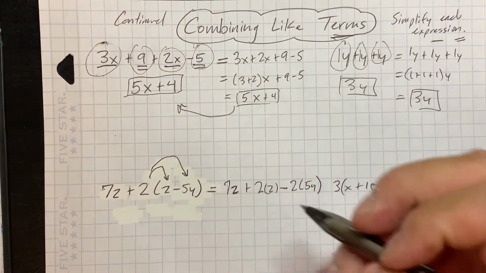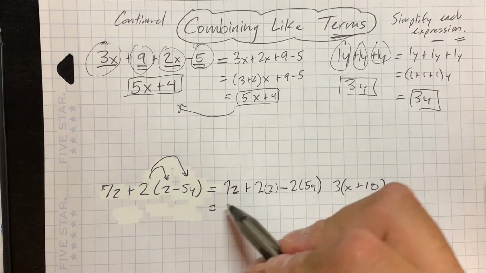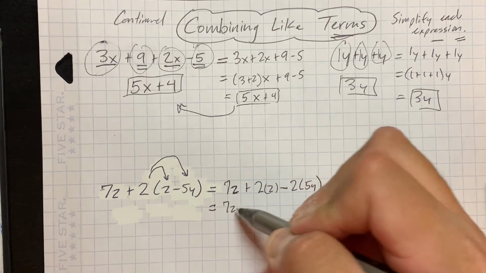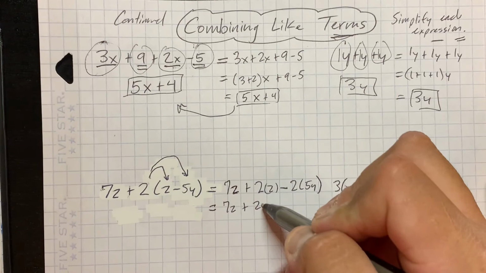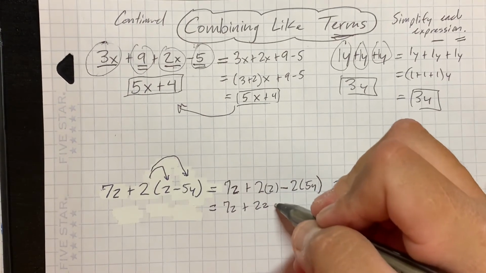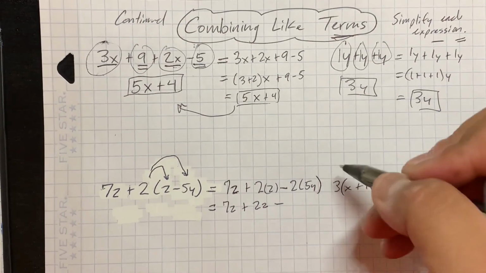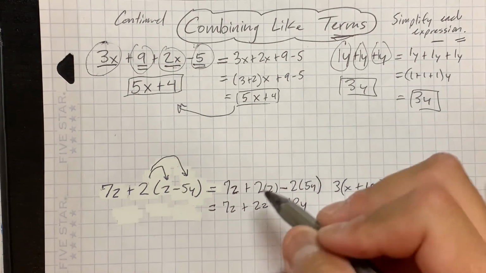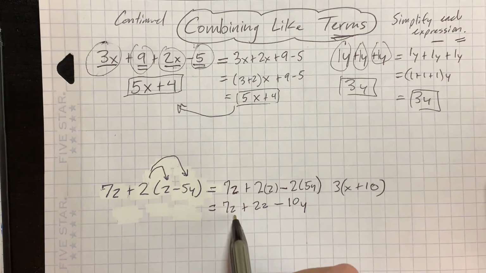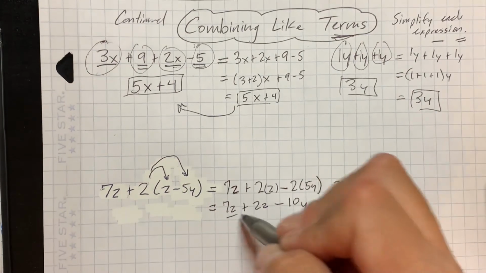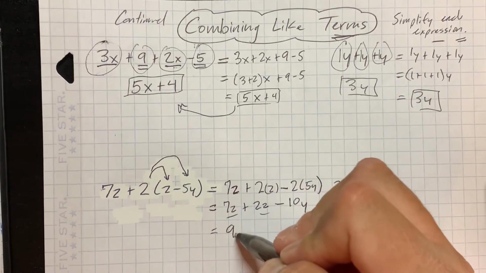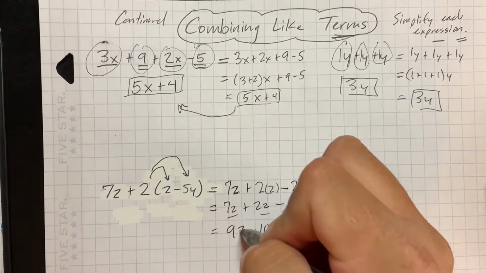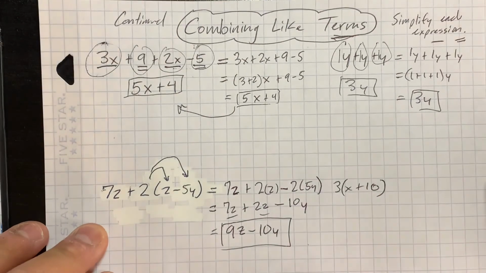Now when we simplify this, since 7z is by itself, this is just going to be 7z plus 2z minus 2 times 5y, which is negative 10y. Now when we combine like terms here, 7z plus 2z, because they're like terms, it's going to be 9z minus 10y. There you go. You just combine like terms.